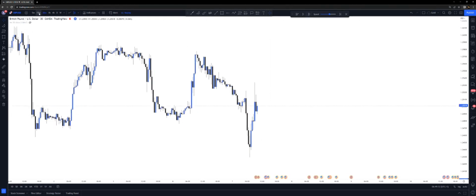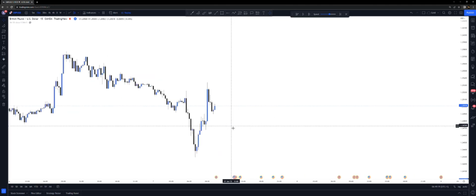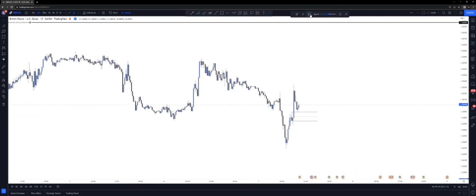Okay, nice change of character right here at this level. So that's perfect. So this little block right here. So let's see how this is going.